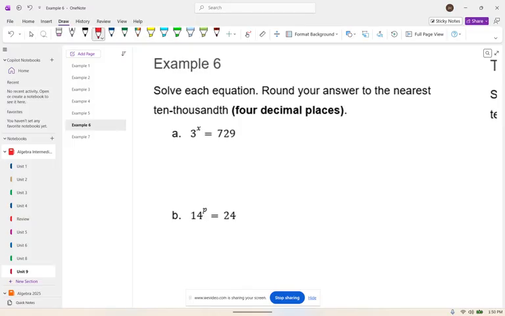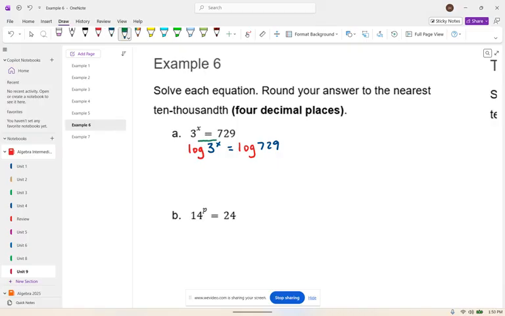And so another strategy that I can use is to use logarithms. So I'm going to put a log on both sides. So log of 3^x, I'm going to take the log of both sides equals the log of 729. And the reason that I take the log is now I'm going to use the power rule.